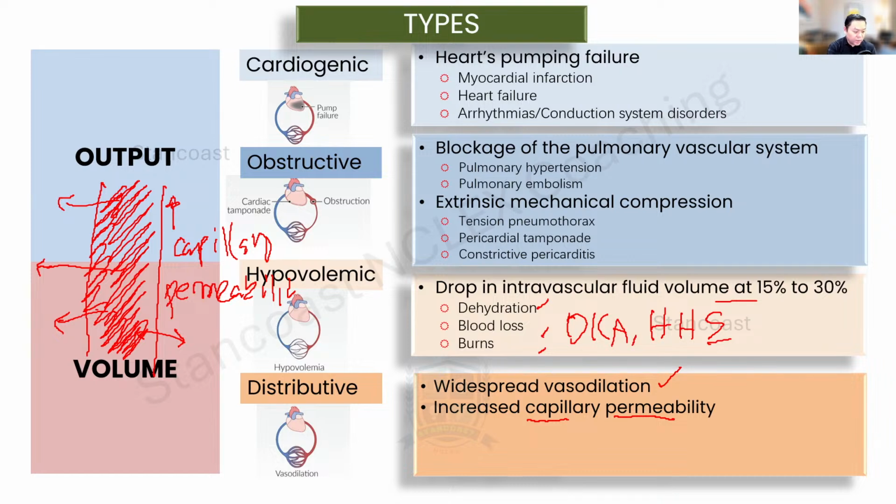Mary said, what about diabetes insipidus? Yes, of course. This can lead to the hypovolemic shock. If not treated, the person is actually going to lose about 10 liters at least of fluid in a day. Imagine that. You're losing 10 liters. That's more than severe.